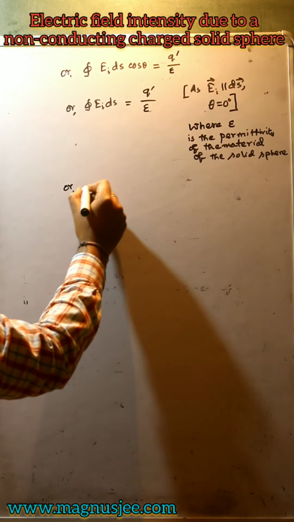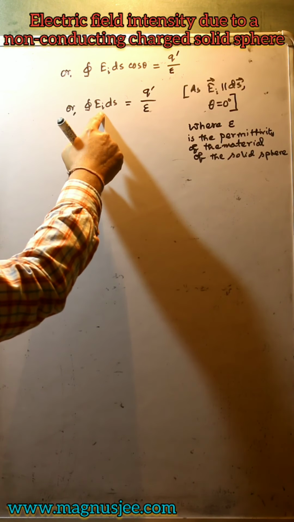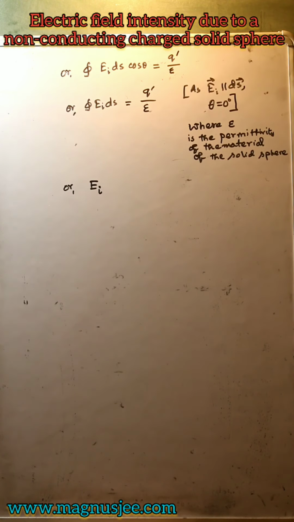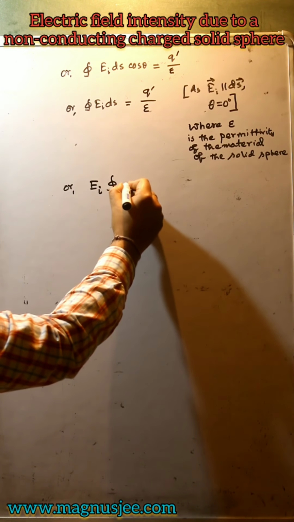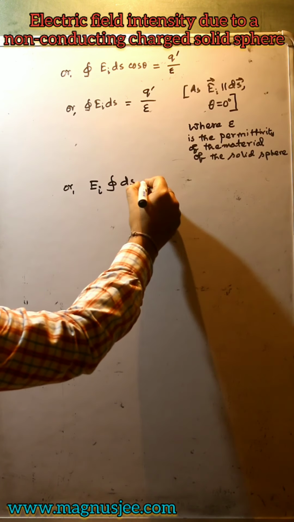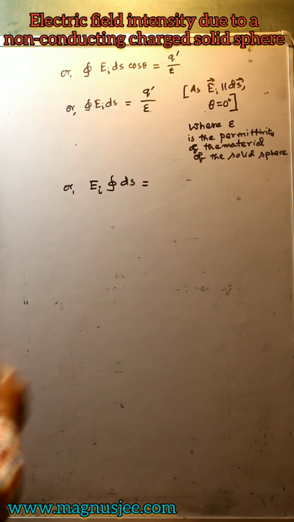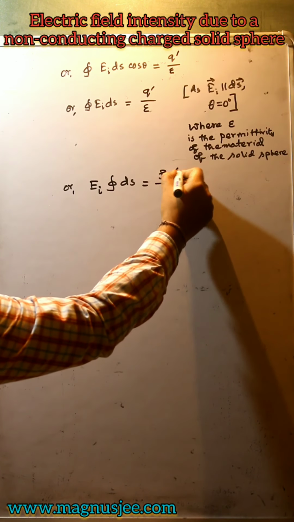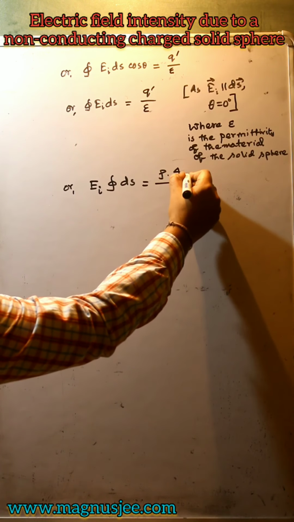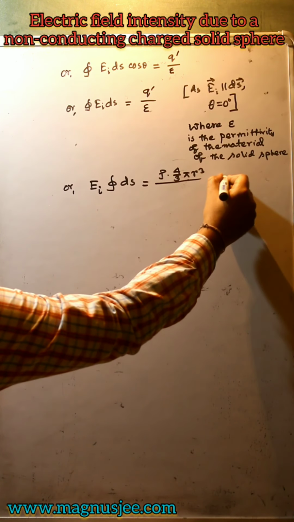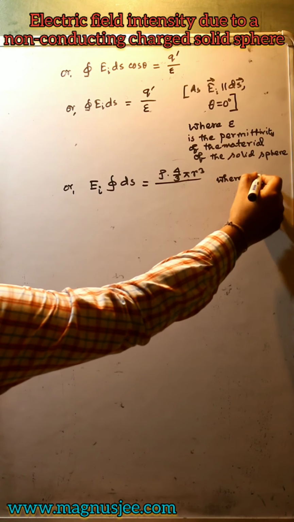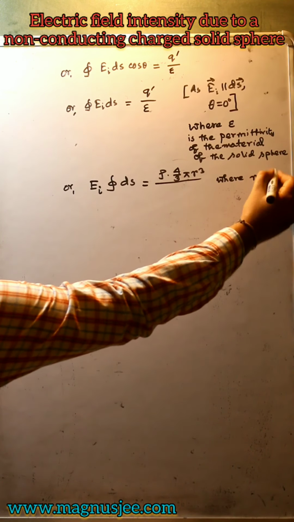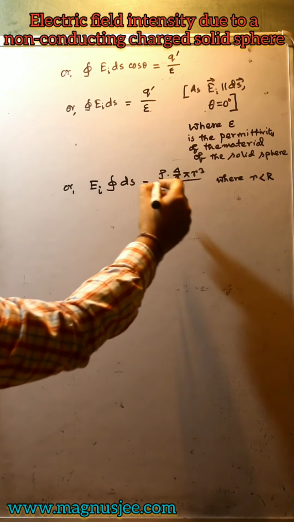We know that field intensity is uniform over the Gaussian surface. That's why field intensity at a point inside the solid sphere is constant, and we can bring it outside the integration sign: E times the integral of ds. And q prime is what? Volume charge density times the volume of the imaginary Gaussian surface, 4 by 3 pi r cube, where the distance r of the point P1 is less than the radius of the solid sphere, divided by epsilon.